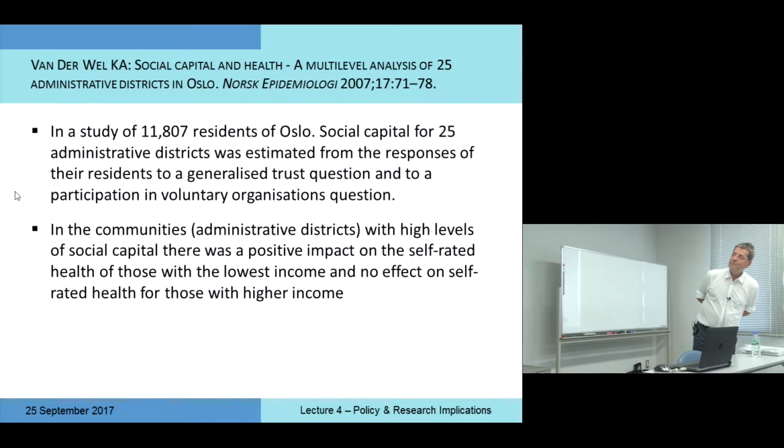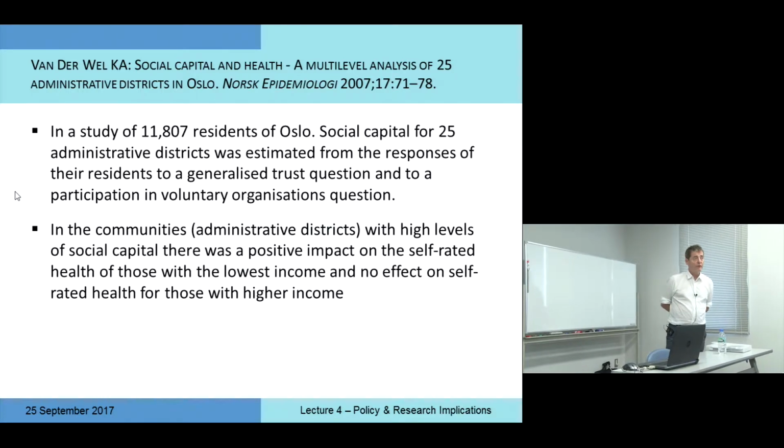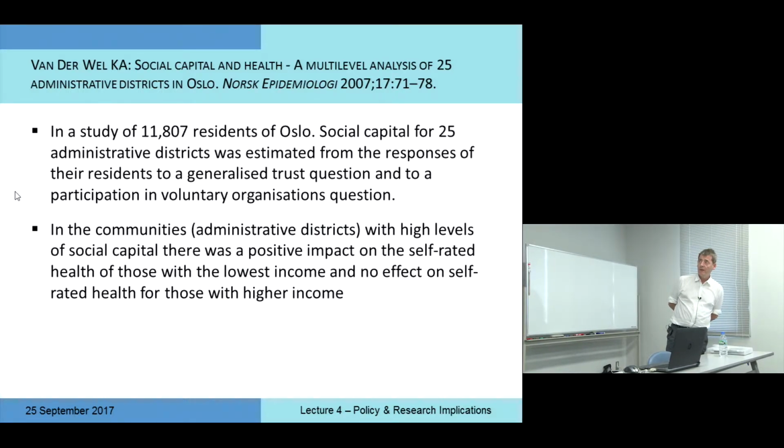So they had data on almost 12,000 residents of Oslo. They had measures of social capital for 25 different administrative districts in which these 12,000 lived. So social capital was estimated from the responses residents made to a generalised trust question. So similar to the study we've just been looking at.